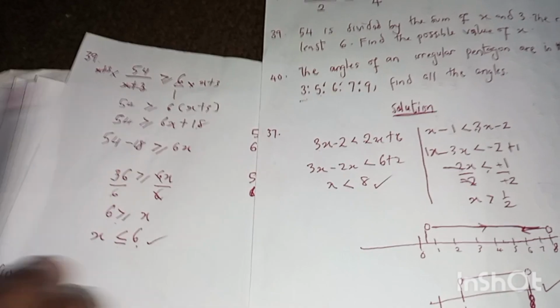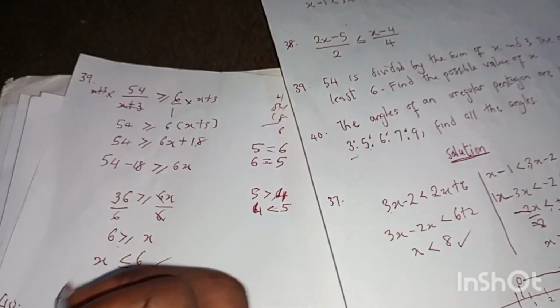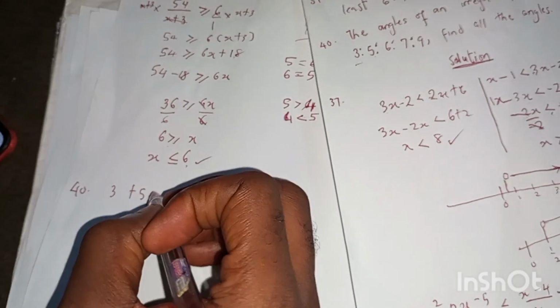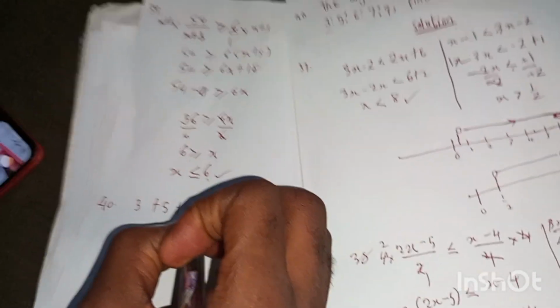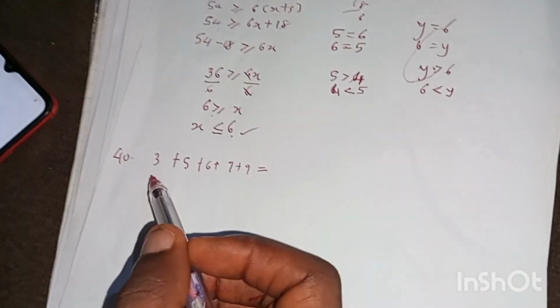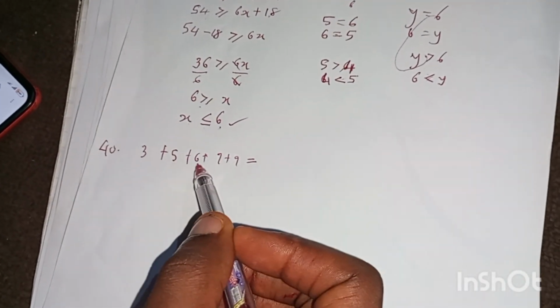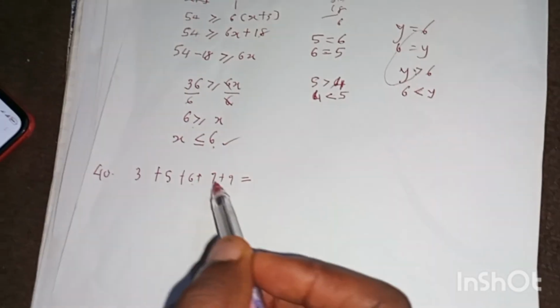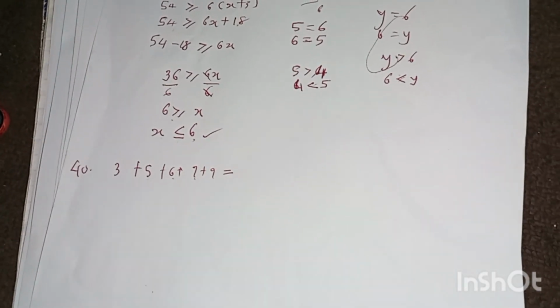So the first thing we do is to find the total ratio, just like we normally do it. We have 3 plus 5 plus 6 plus 7 and plus 9. This is going to be 8 plus 6, that's 14, that's 21, that should be 30.